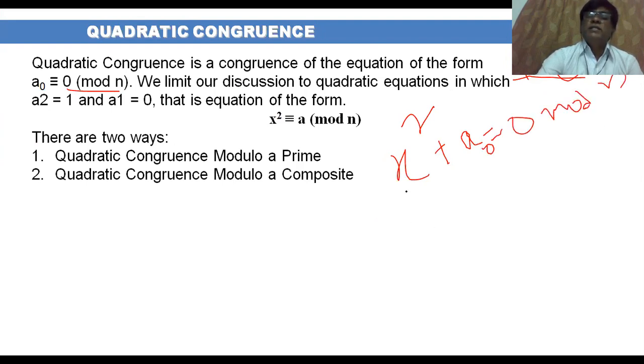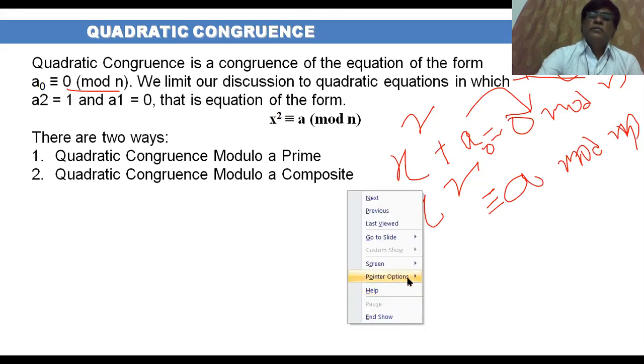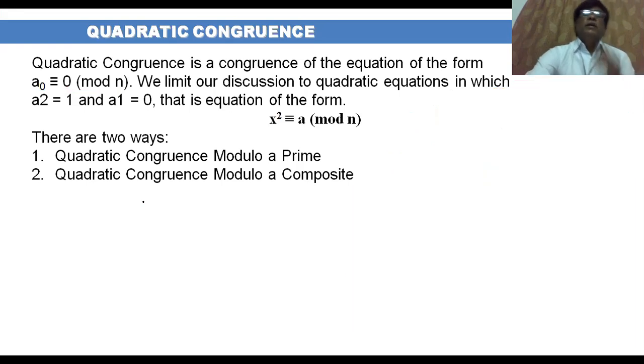This can be written as x square is equal to a, sending a0 to the other side, a mod n. So quadratic congruence means if we have an equation like this, x square is congruent to some a, modulo n, where the modulo divisor is n.